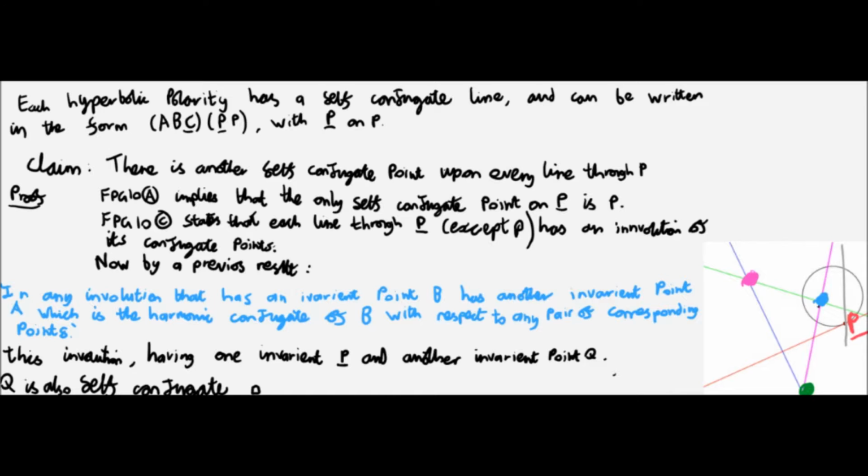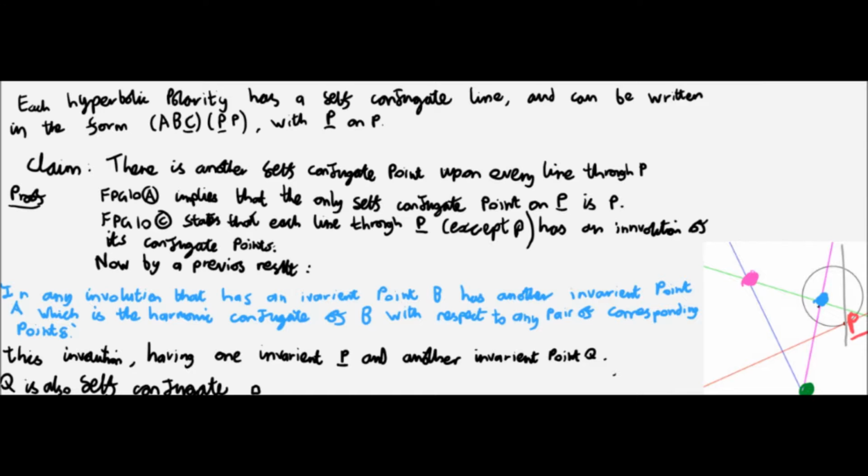Okay, so let's get back to the important things. Hyperbolic polarities are the things which give rise to our conics, because the conics are the set of self-conjugate points of those hyperbolic polarities. So we know that hyperbolic polarities have at least one self-conjugate point, but if the conic is just the thing you get by joining all the self-conjugate points, then we had better have plenty of them to make a conic.